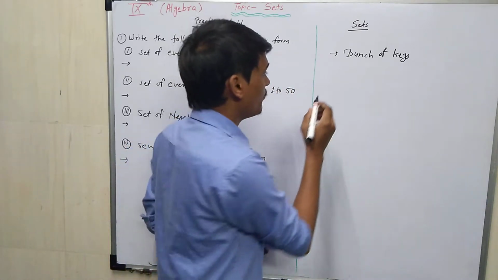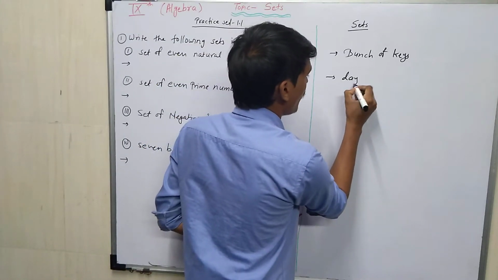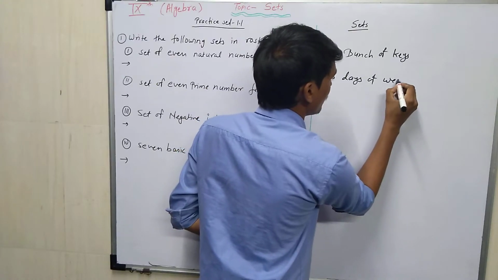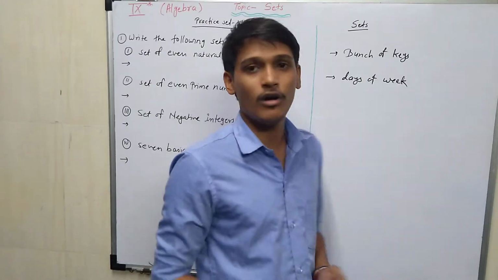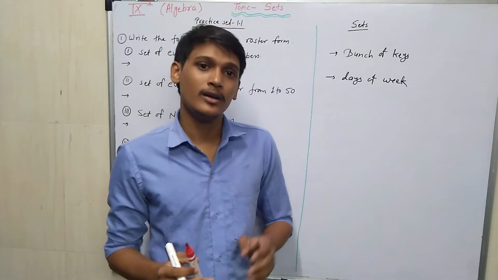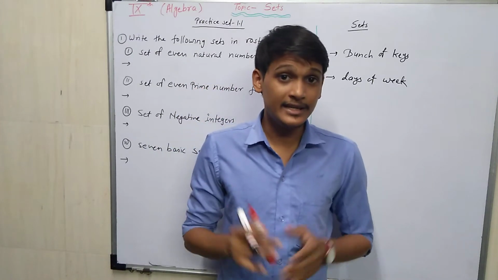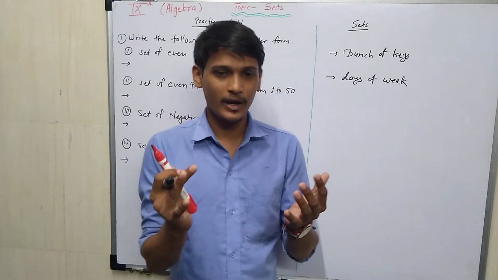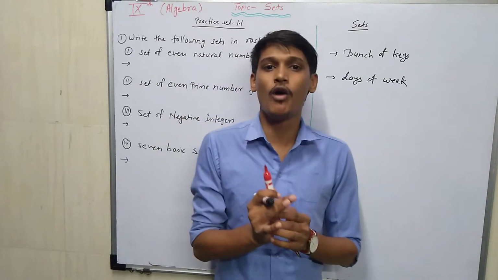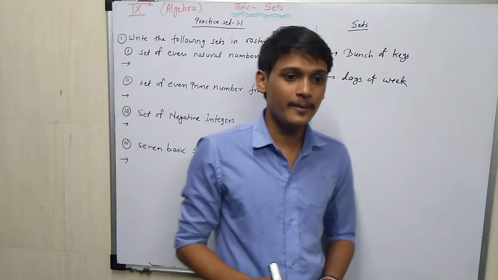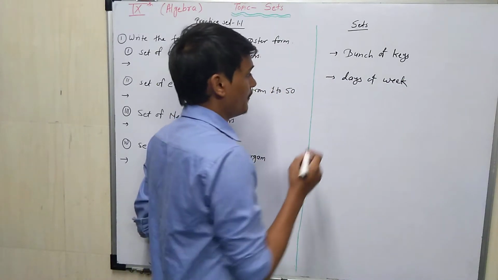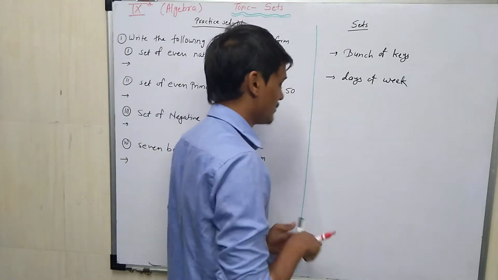One more example: days of the week. A week has 7 days. These 7 days, what is this? A group. This group is called what? A set. Clear?